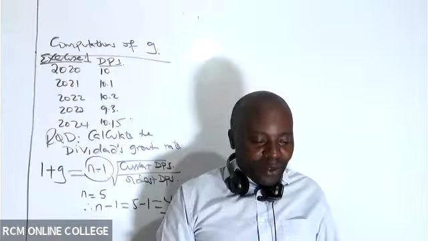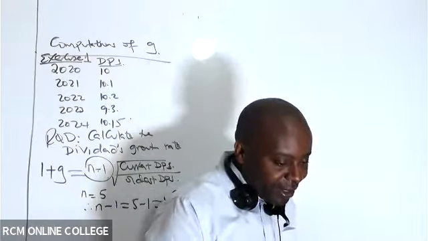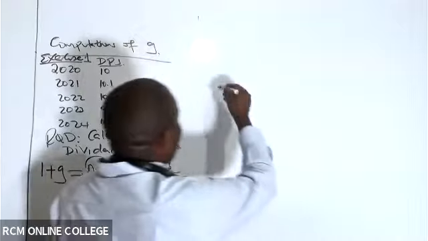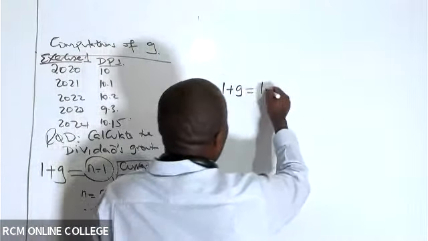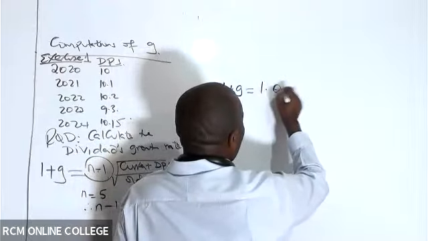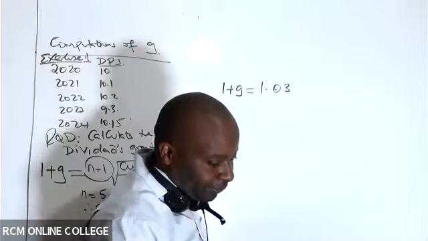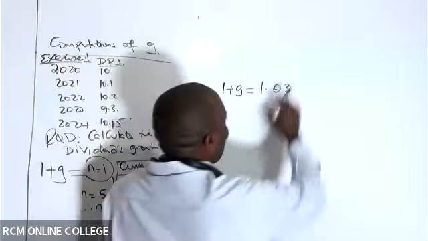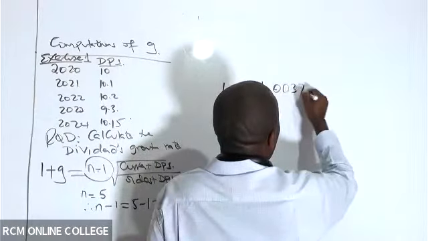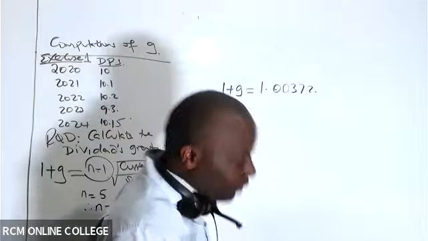Is the answer really correct? I don't know. What did you get? Let's get back a little bit. So in this case here, we have 1 plus G equals 1.00372.